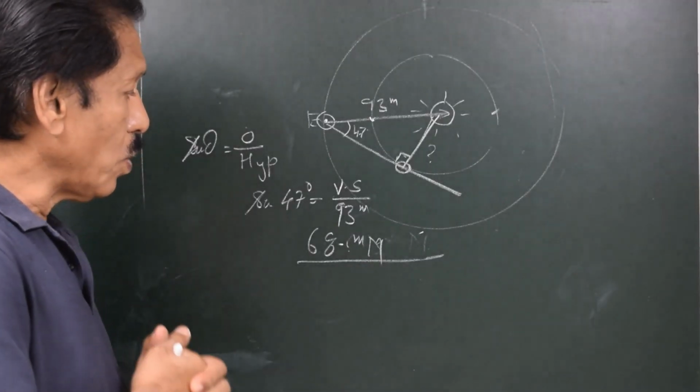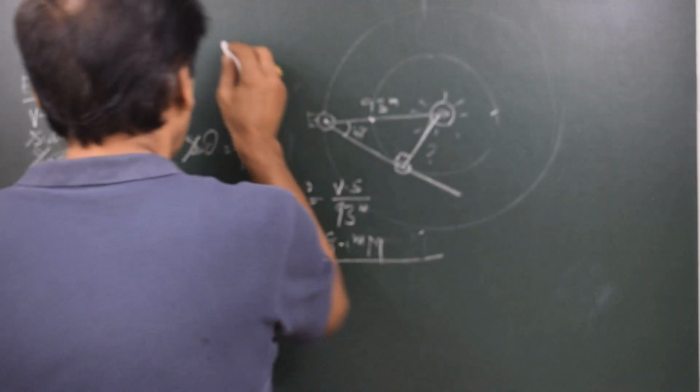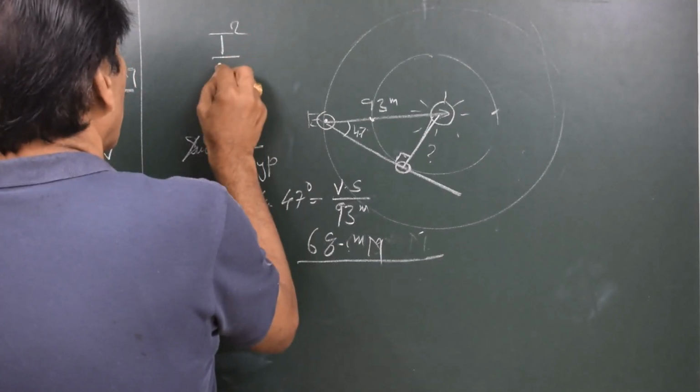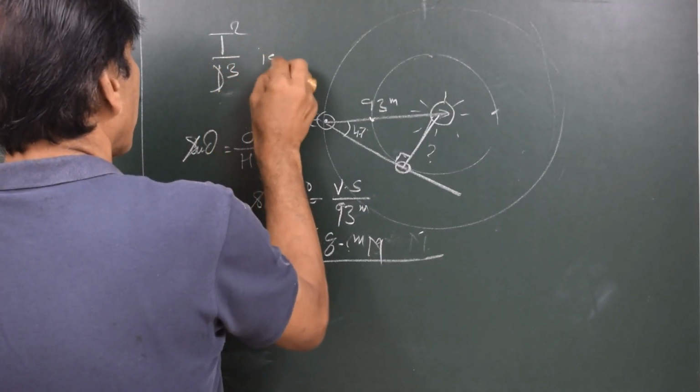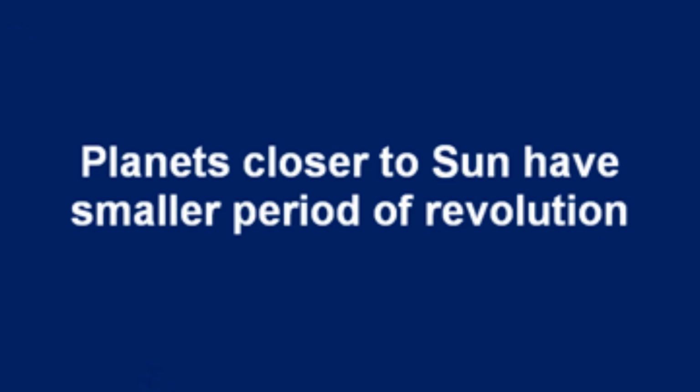Now once we know the distance, we'll apply Kepler's third law, which says that T squared upon D cubed is fixed for the planets of the solar system.